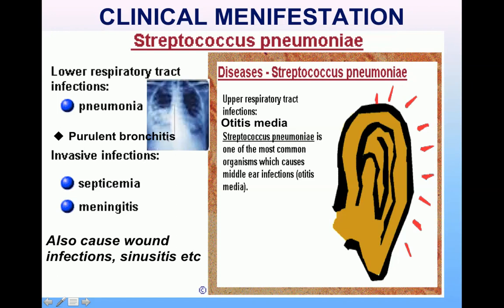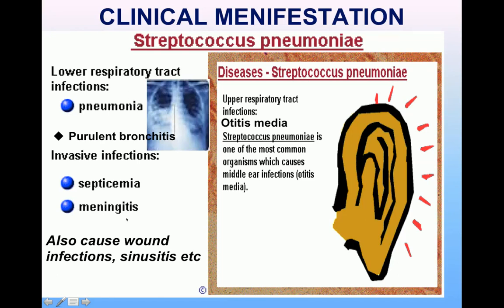Then, once it goes into the bloodstream, it can cause septicemia and meningitis. Meningitis is seen in adults and in children, and Strep pneumoniae is believed to be the most virulent organism responsible for meningitis, because the mortality rate is 20%.